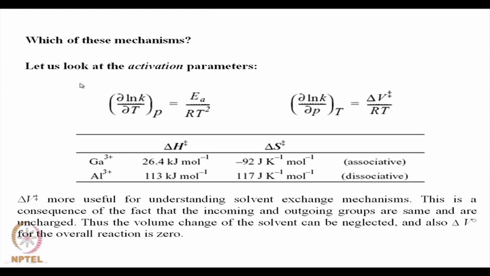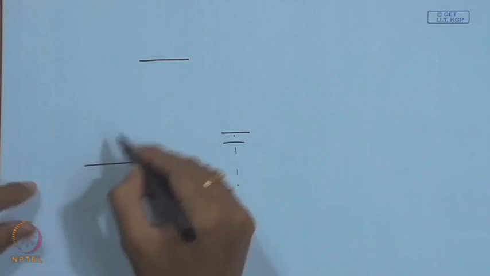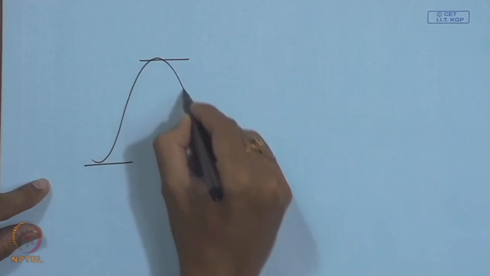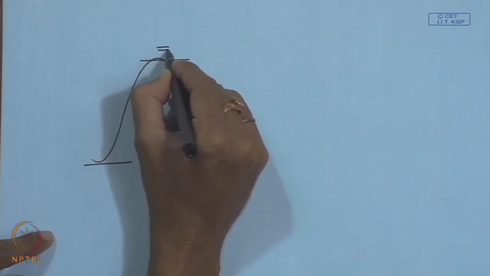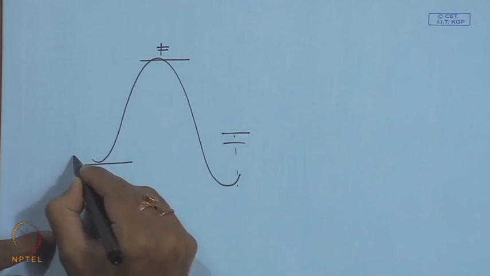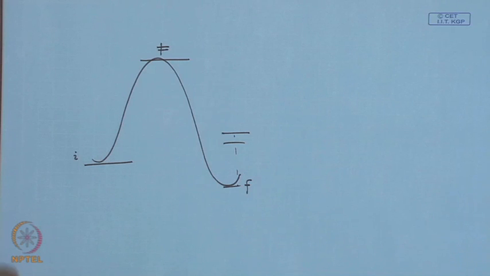Okay. So, let us look at the activation parameters. Activation parameters means, so this is your initial state, this is your activated state, and then maybe somewhere here your final product state. Okay.